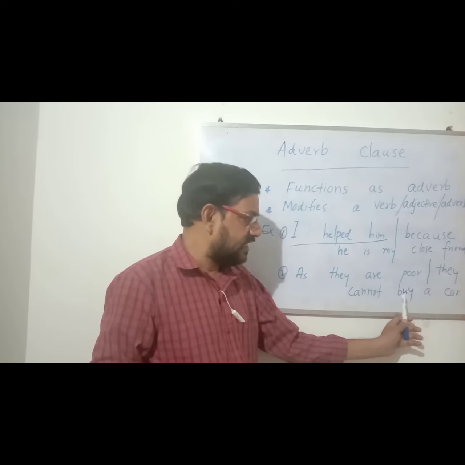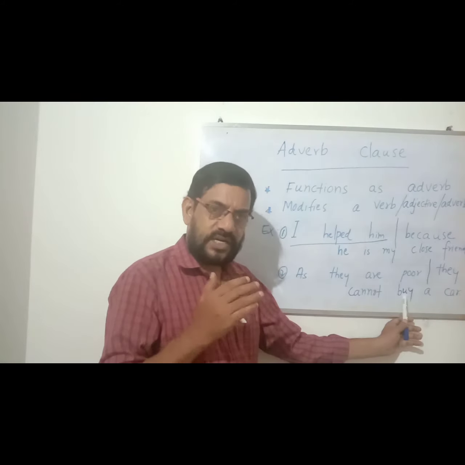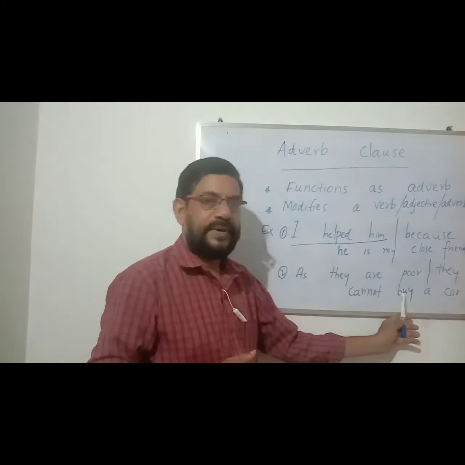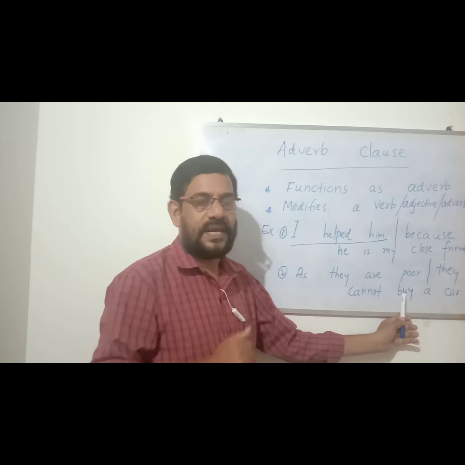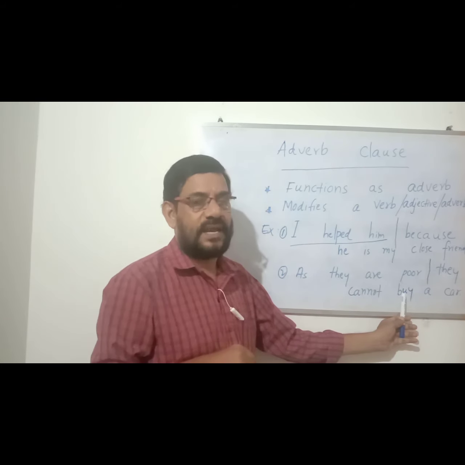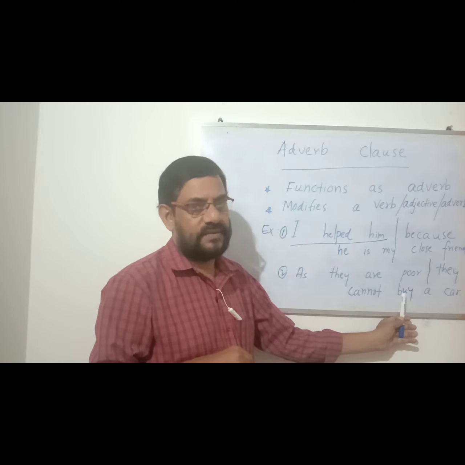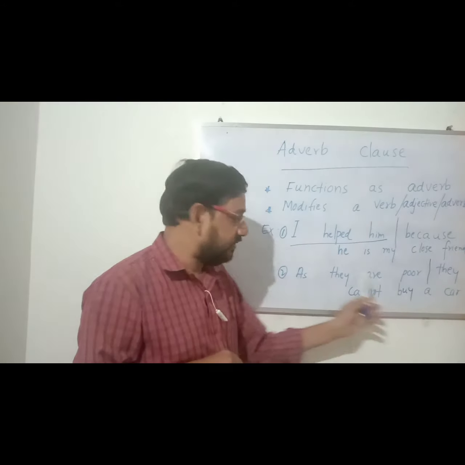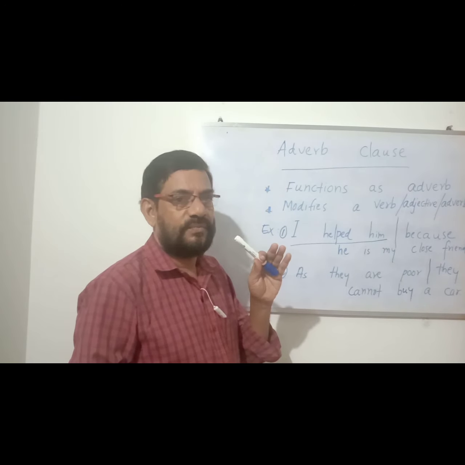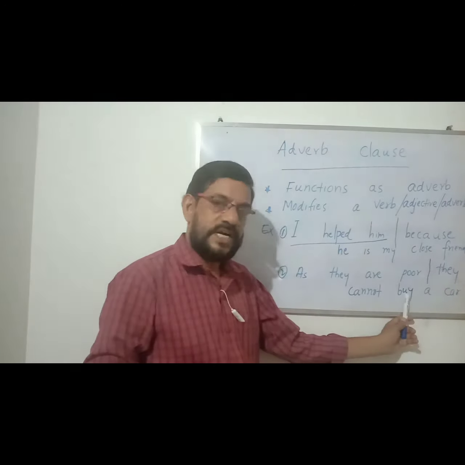There is an occurrence in this: buy a car. That is the action. Why this happens, how this happens, when this happens, or on what condition this happens. "As they are poor" is modifying this verb.